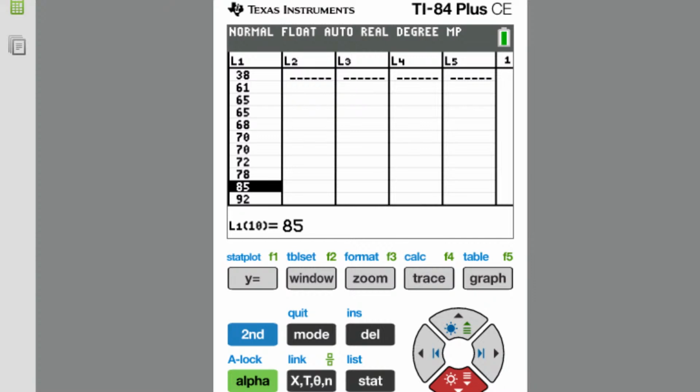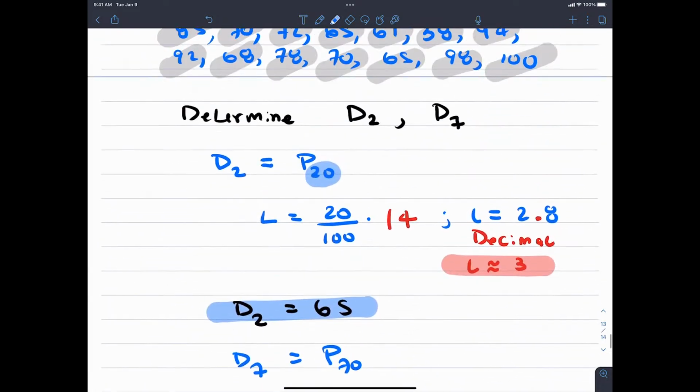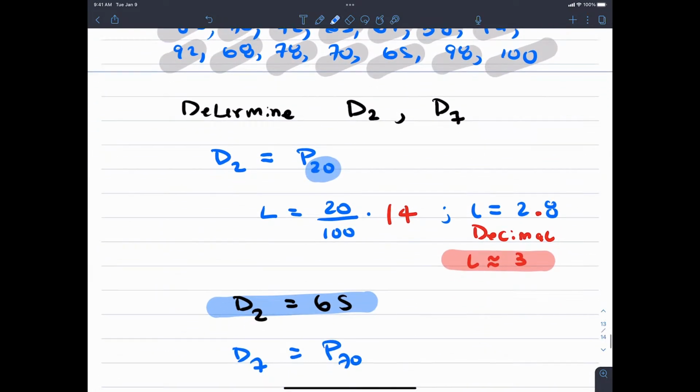What is it? So what is the answer to D7? It equals 85. What do you guys think? Easy peasy lemon squeezy?